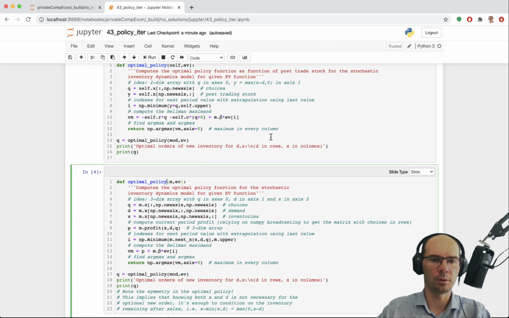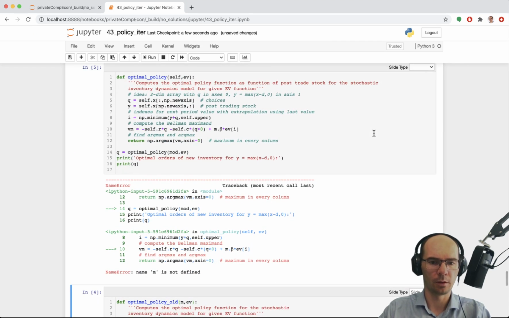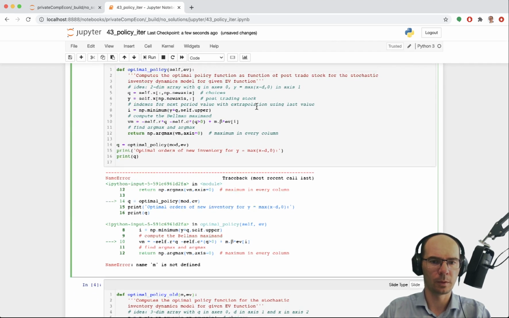So let's call this optimal policy old. And this is optimal orders of new inventory for y equals max x minus d. And that's what it is now. M is not defined.